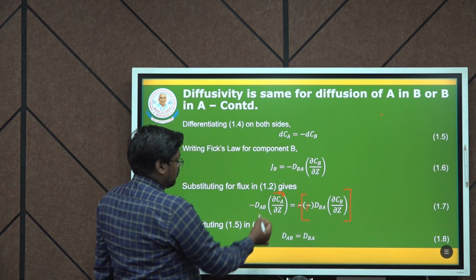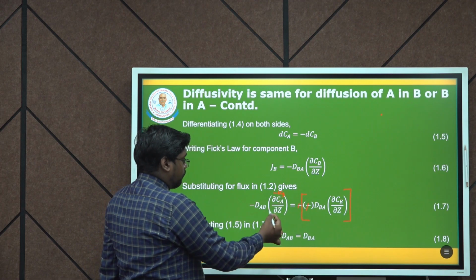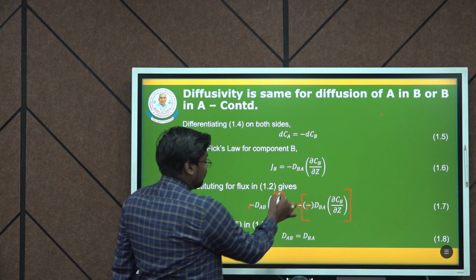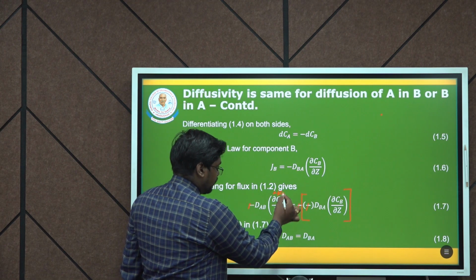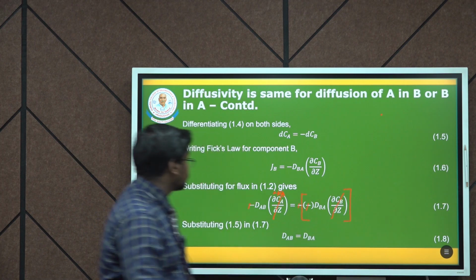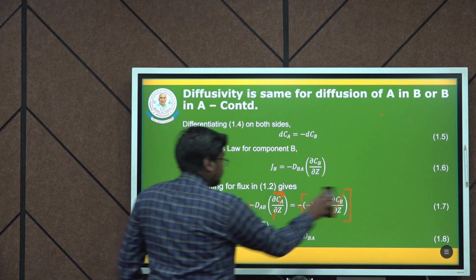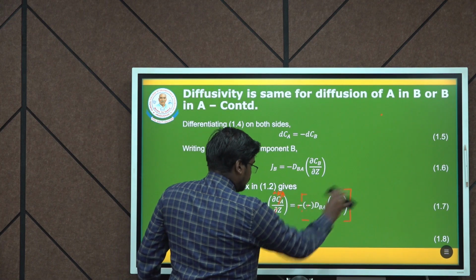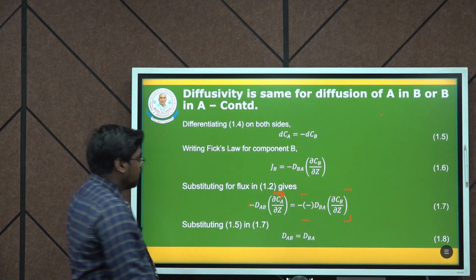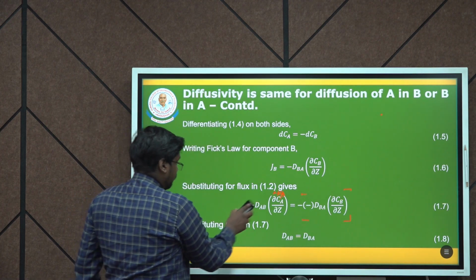That gives a minus here, and this minus and minus will cancel. So dou CB divided by dou Z and dou CB divided by dou Z will cancel out each other, and we get DAB is equal to DBA.